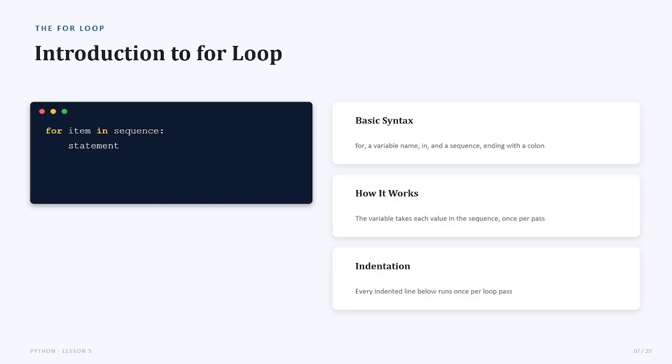So, introduction to for loop. Now we have seen the problem. We don't want to write the same code again and again. So let's learn the solution. Our first type of loop in Python is the for loop.